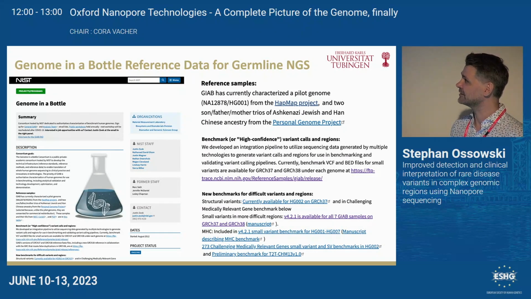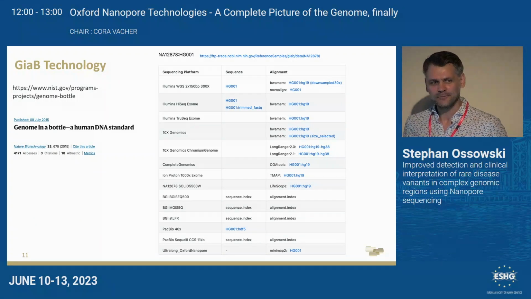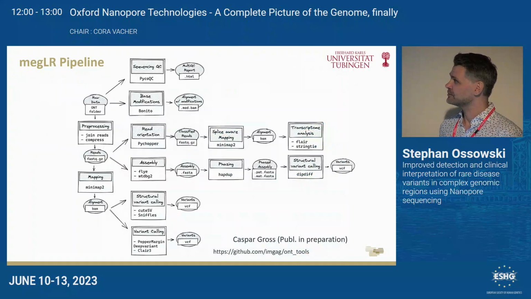They provide this high confidence benchmark set in the non-dark regions, so in the regions that are good to align with short reads, and then they have these difficult regions, difficult meaning hard to align for short reads because of repeats. They were sequenced with all technologies you can imagine, even some that I think don't exist anymore, like the linked reads. But that gives you a really high confidence variant call set, which you can use to benchmark. That's what we did.